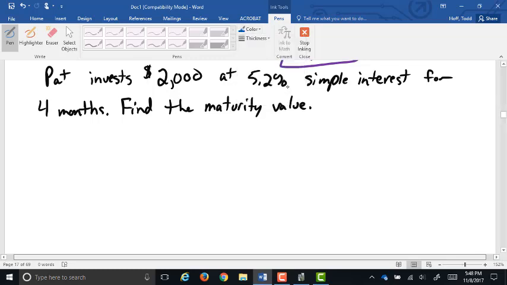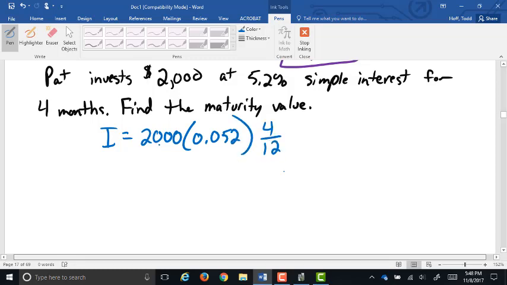Where do we start? Finding the interest. So the interest is going to equal, perfect, the principal is 2,000. The rate 5.2% becomes 0.052, and our time of 4 months is 4 out of 12.